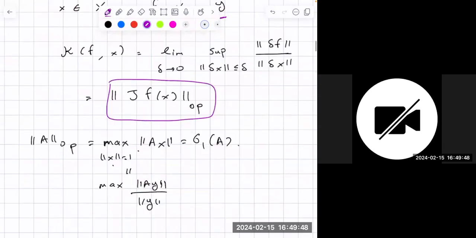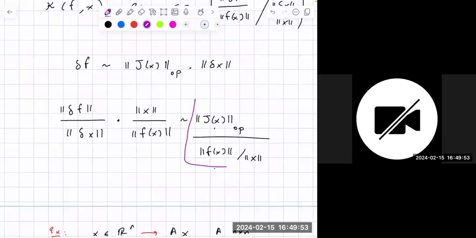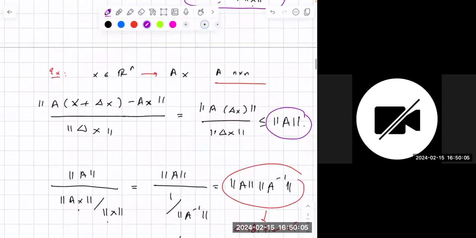Okay. And we also did the relative condition number that came out as, again, the same Jacobian and the operator norm, which is the greatest singular value, divided by how big is the output, divided by how big was the input. And we did this for multiplying a vector with a matrix.